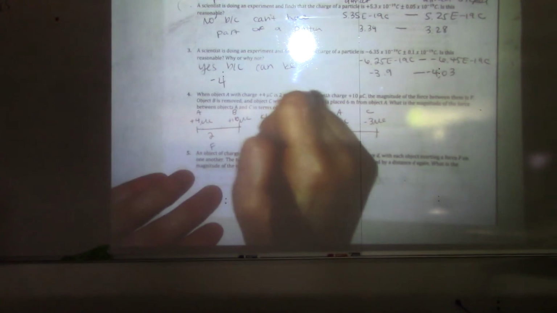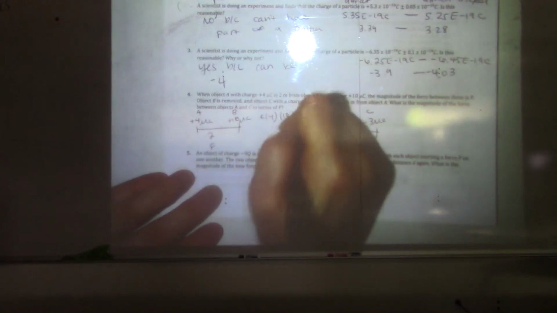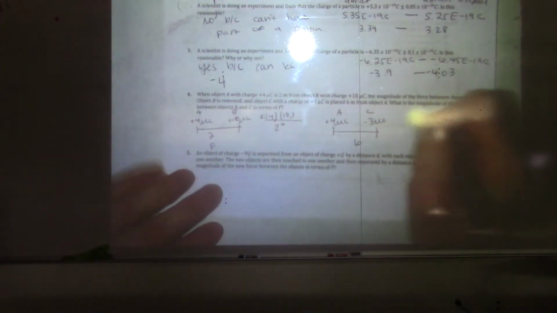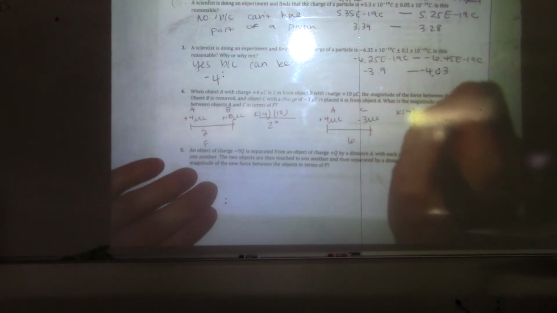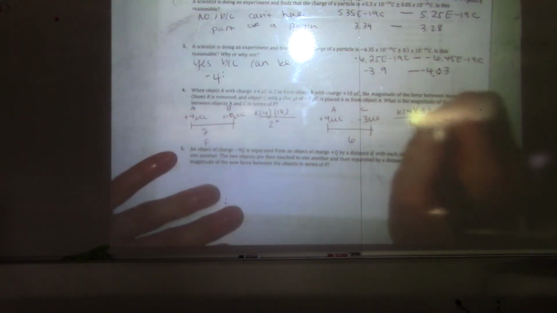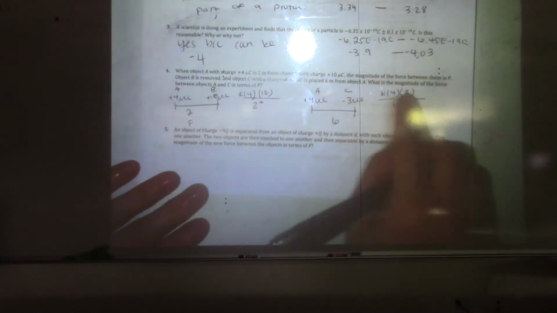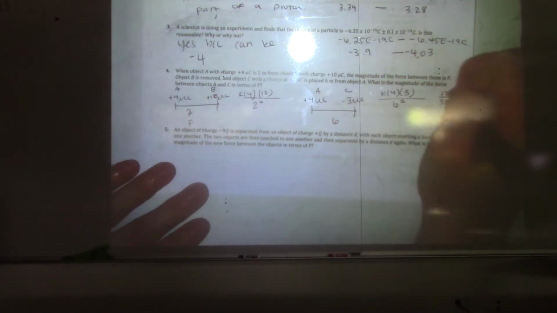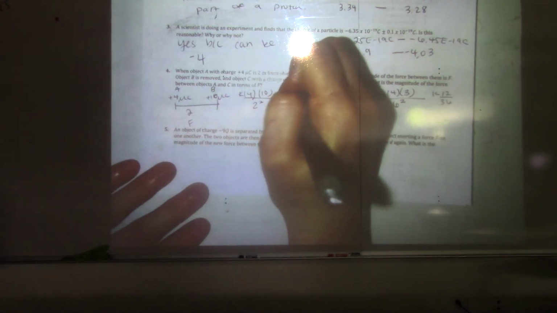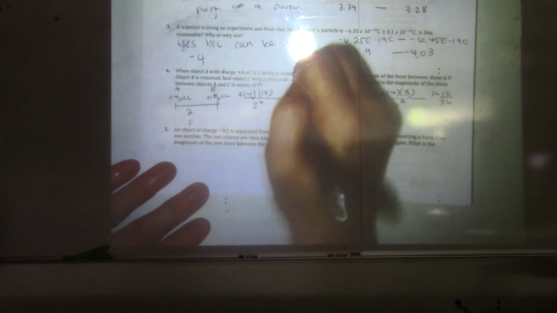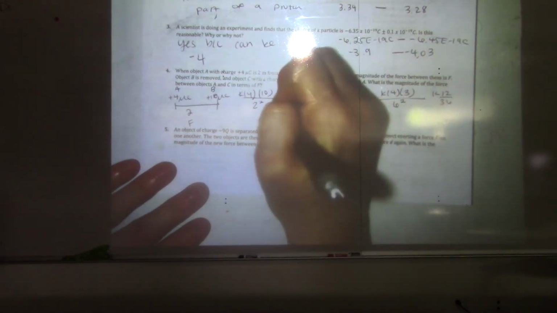So I've got k times 4 micro times 10 micro over 2 squared. This guy I've got k times 4 times 3. I'm not putting in the negative 3 because it's going to get absolute value in my equation, so it doesn't really matter. That just tells me attract or repel, which I don't care about right now. And now this is 12 over 36. This one is 40 over 4, which is just 10. And there's k still.